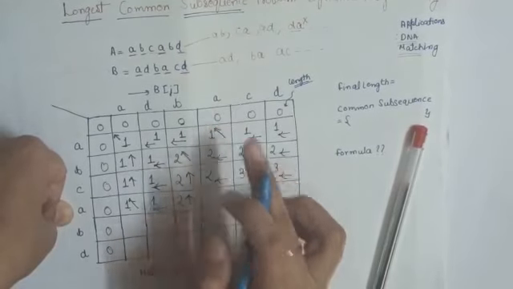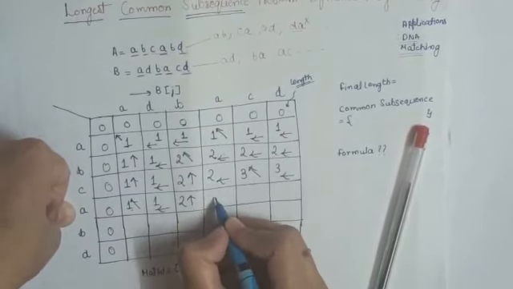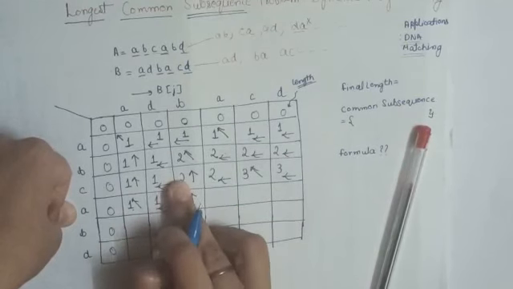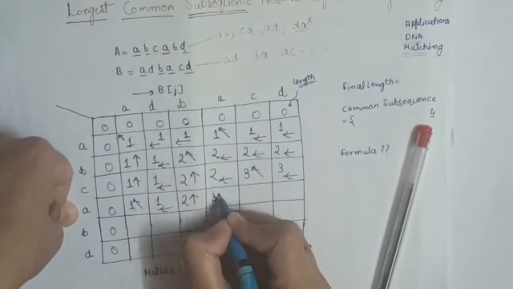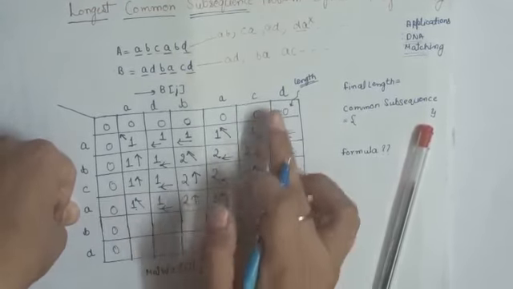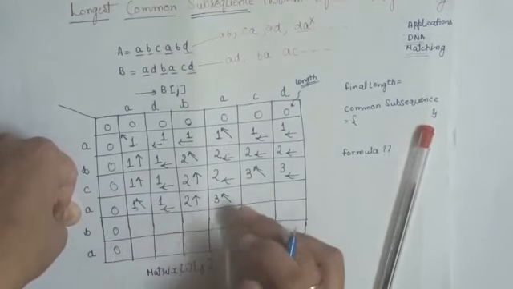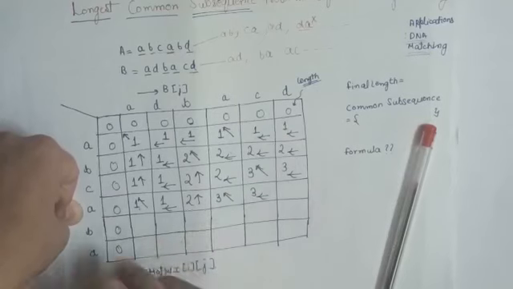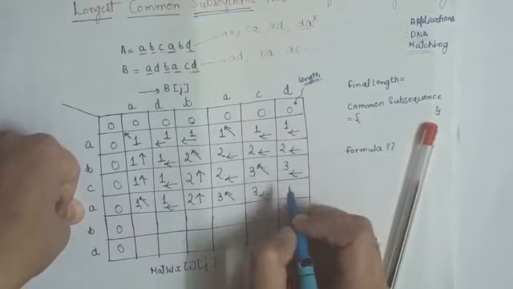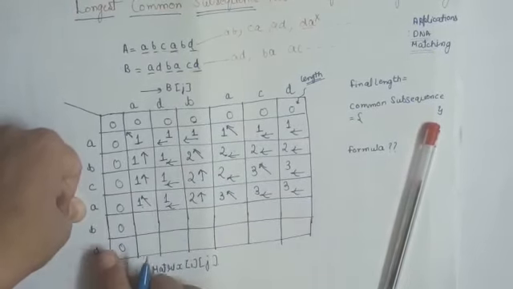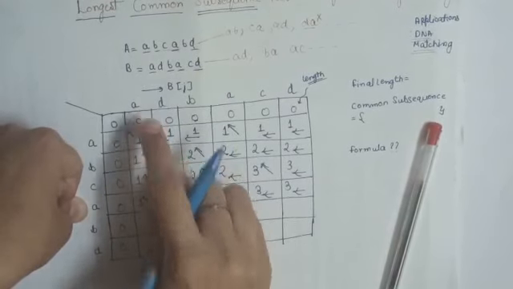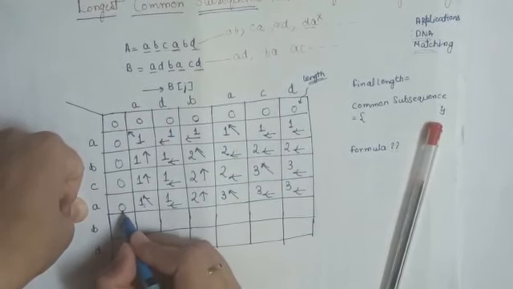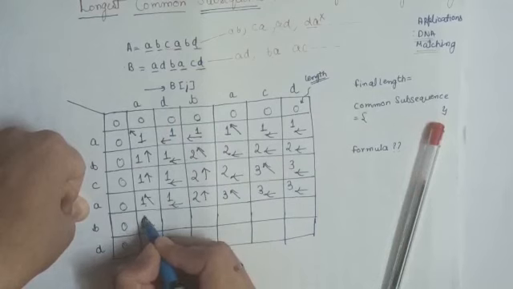A and A both are same, so I have to take diagonal plus 1, that is 2 plus 1, 3, and put it diagonally. Both are different, so I have to take the maximum of these two, this will be 3, and the arrow I will put this side. Both are different, maximum 3, arrow this way. Both are different, so I will put 0 plus 1, that is 1, arrow this way.